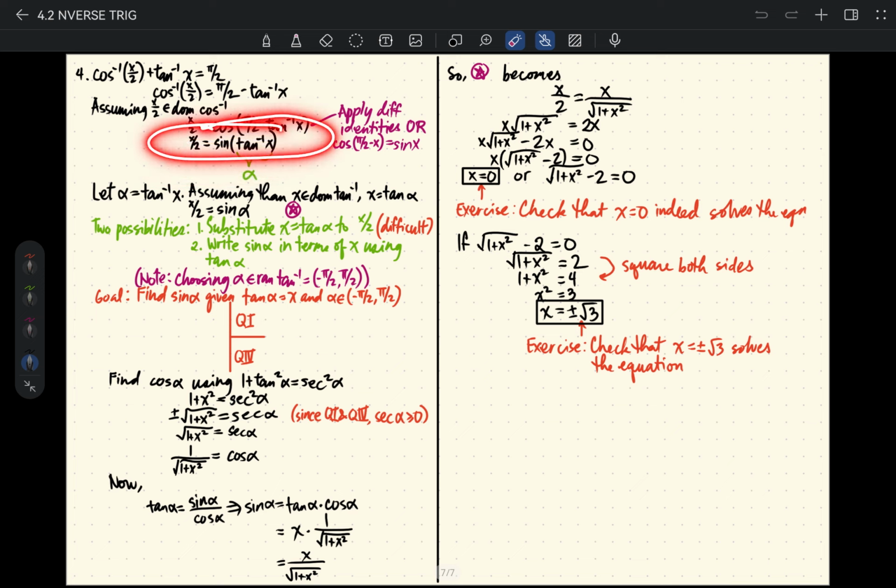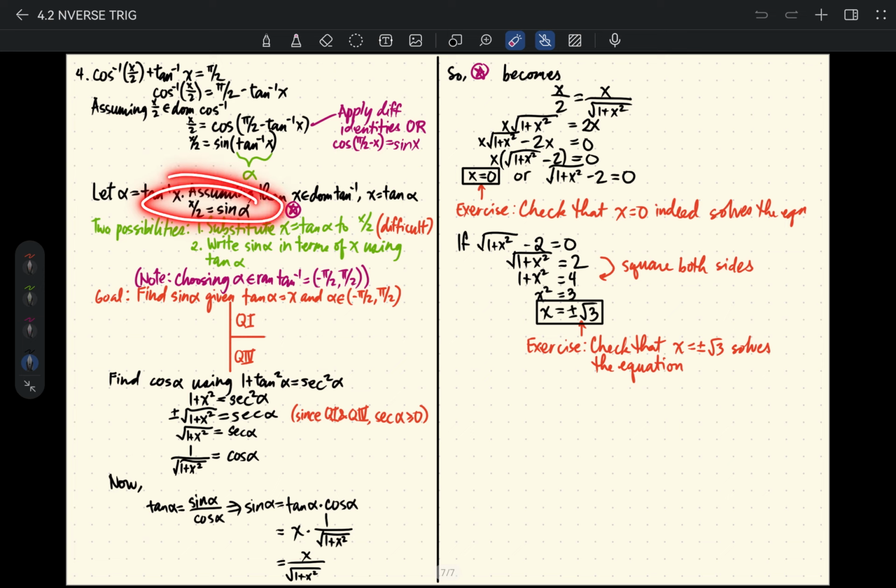And this one is still a little bit difficult since you have a trigonometric function here and an inverse trigonometric. So we applied a new substitution, alpha equals tangent inverse of x, to get the equation x over 2 equals sine alpha. And from here, we discovered that there's two possibilities.